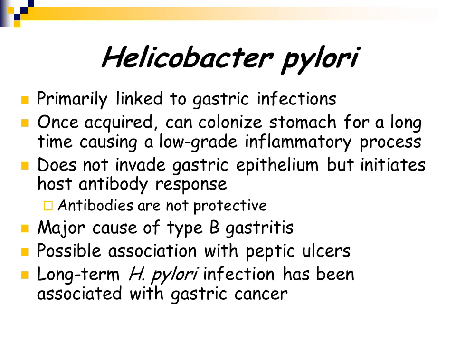So it's not definite that someone who has an ulcer has Helicobacter pylori. There are people who have Helicobacter pylori that never get an ulcer too. Long-term Helicobacter pylori infection has been associated with gastric cancer.